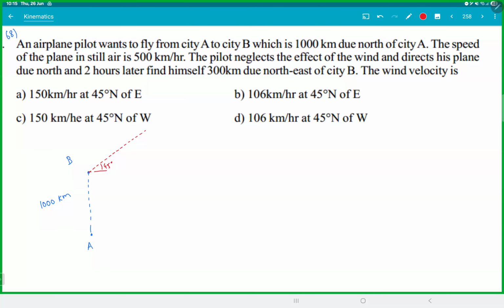This is 300 kilometers. You reach C. So this plane, which is trying to go straight, actually went to C. This is what happened to the plane. I hope the diagram is clear. Now solve the problem. Now he's asking what is the velocity of the wind.